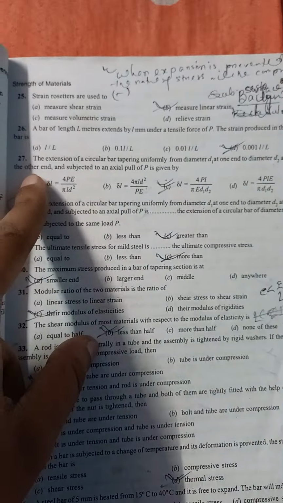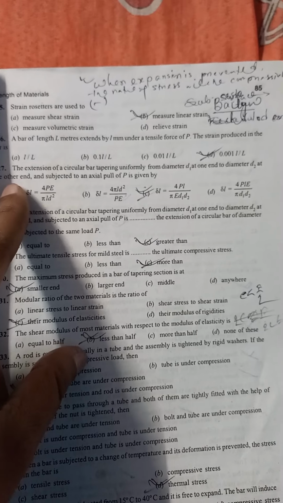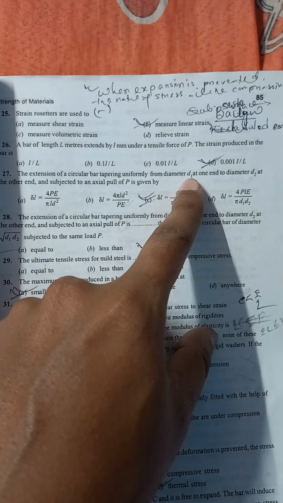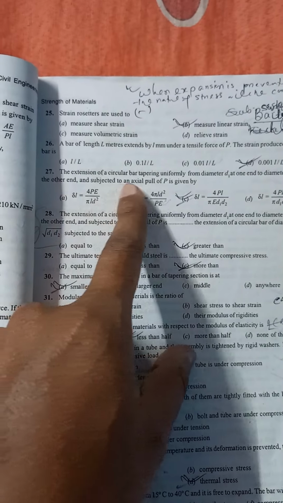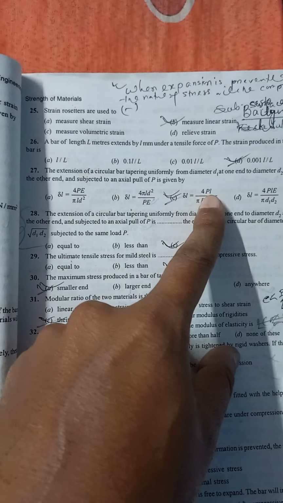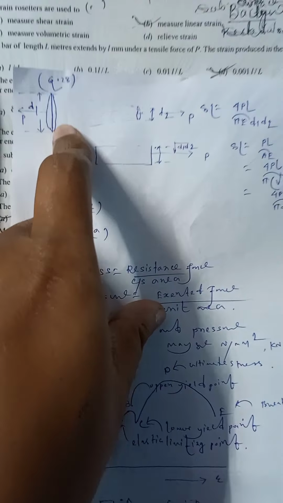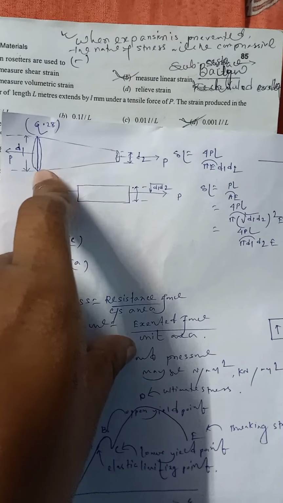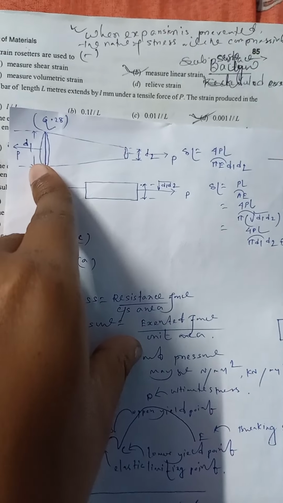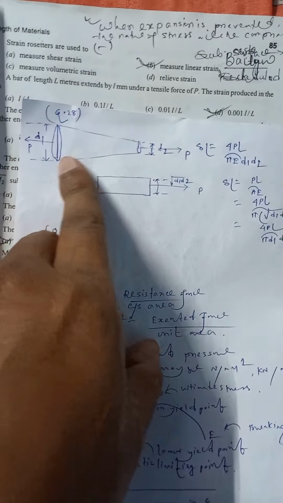Next question is 27. The extension of a circular bar tapering uniformly from diameter D1 at one end to diameter D2 at the other end and subjected to an axial pull of P is given by. Let me show you the tapering bar. Suppose this is a bar tapering from this end to this end.